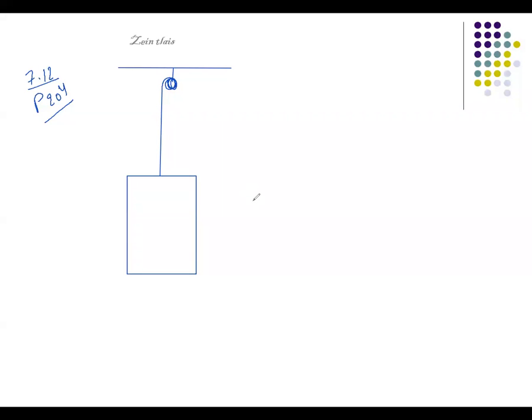First of all, the mass of the elevator equals 1600 kilogram. Inside we have many persons of mass equal to 200 kilo.